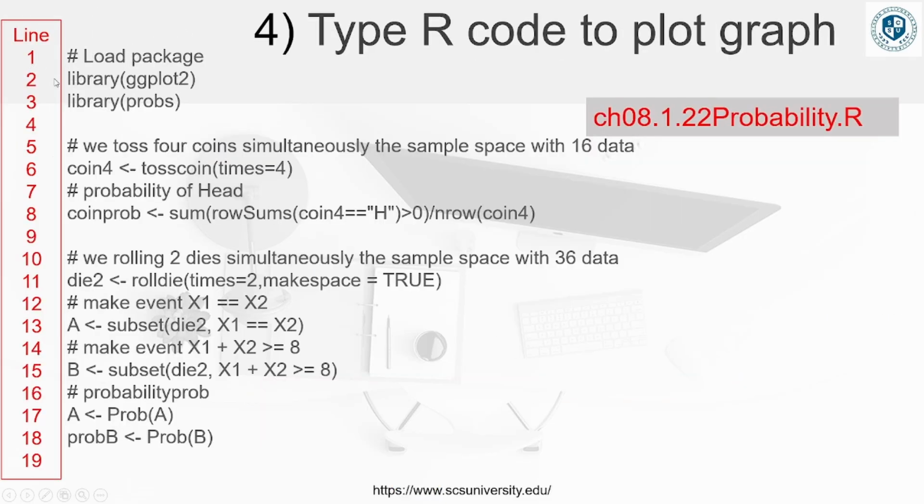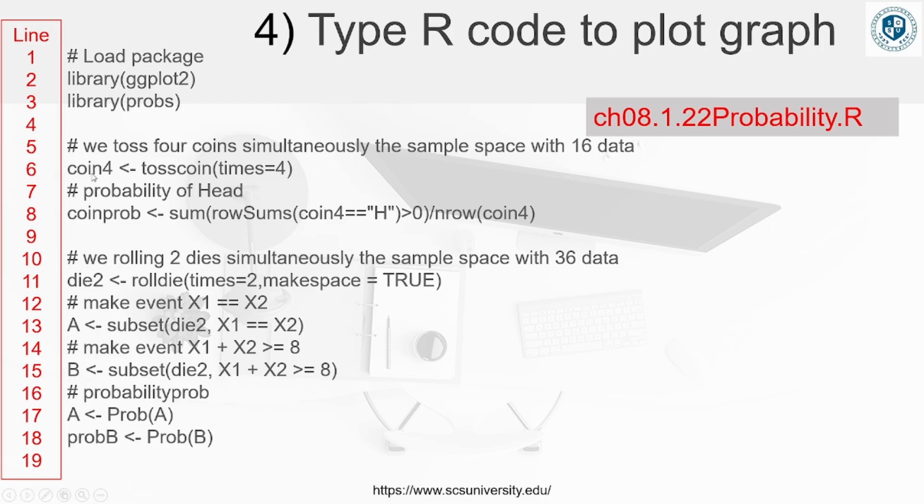Line number 1 sharp, load package. It is a comment line. Line number 2, library ggplot2. Line number 3, library probs. Line number 4. Line number 5 sharp, we toss 4 coins simultaneously, the sample space with 16 data. It is a comment line.